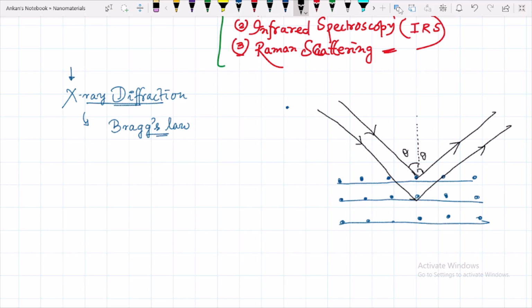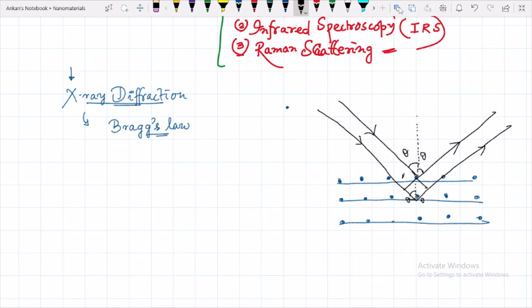This angle will also be theta and this angle will also be theta. Now these two light rays will have some path difference. To obtain the path difference, we have to draw two perpendiculars on this.